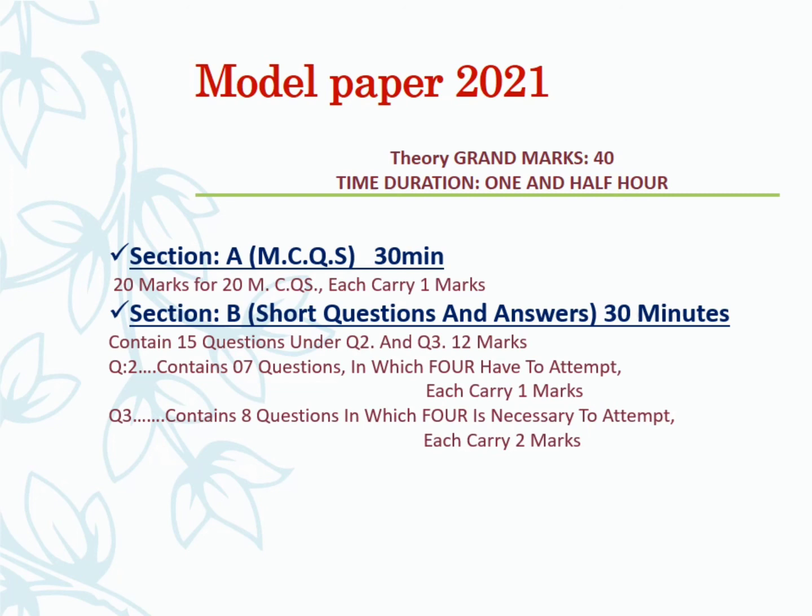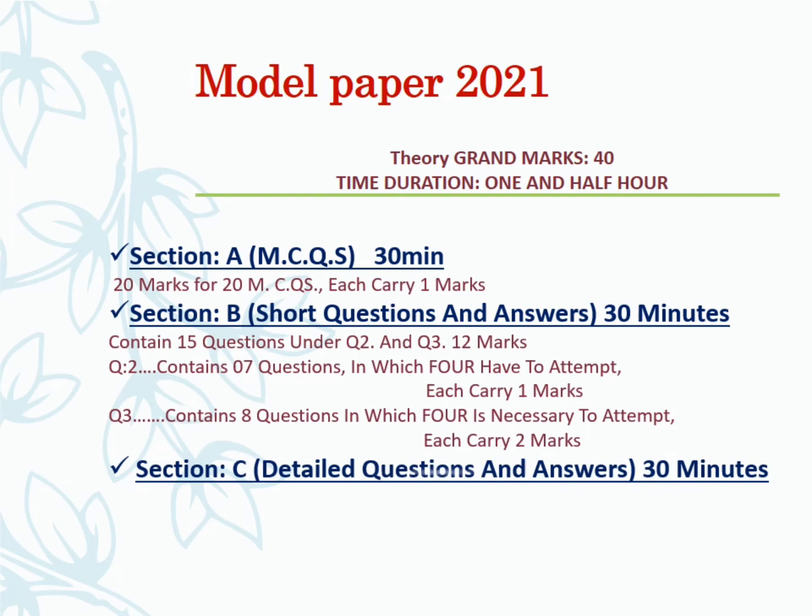Your answer must be in 2 lines. While for question number 3, your answer must be in 5 lines, not more than 5 lines, not less than 5 lines. So it is an important point to remember.